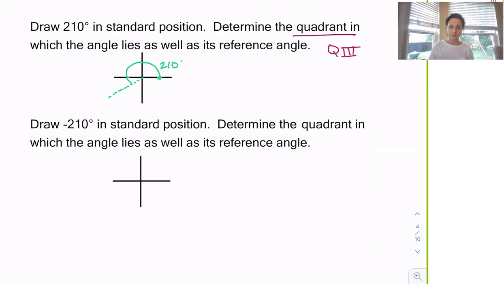So remember that's the acute angle made with the terminal side and the x-axis. So that's going to be that piece there. So I can tell that 210 minus 180 in this case will give me my reference angle. So my reference angle here is 30 degrees. All right, okay, I'd like for you to pause the screen and try negative 210 for me this time. So go ahead and pause, try negative 210.